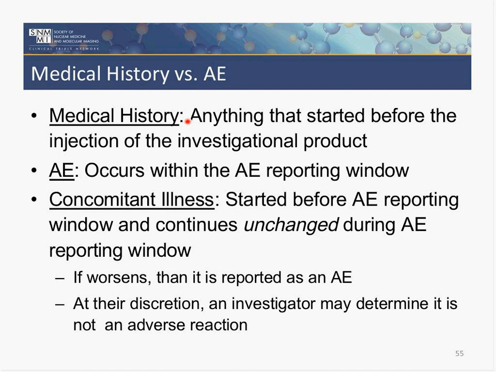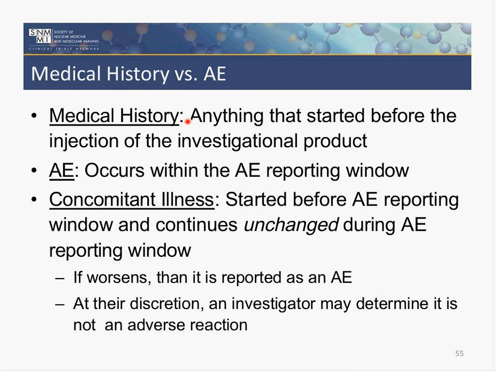It doesn't go into the AE. If it is worse on the table than it usually is, that's probably an adverse event that needs to be reported because it's a worsening of an existing condition.